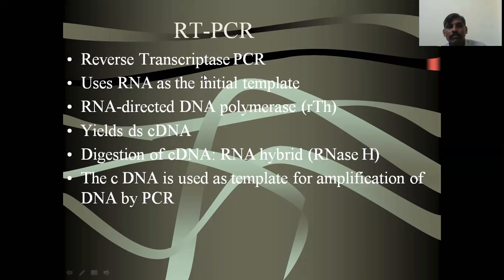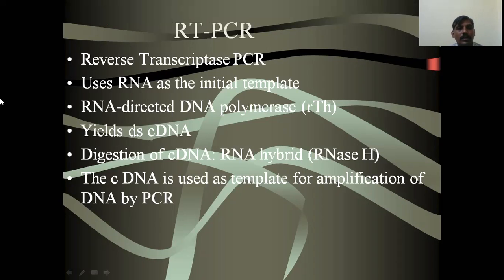It is named reverse transcriptase PCR: DNA amplification from an RNA molecule. The DNA amplification is done by using an RNA molecule, because some viruses contain genetic material as RNA, for example COVID-19 as well as HIV and other retroviruses.